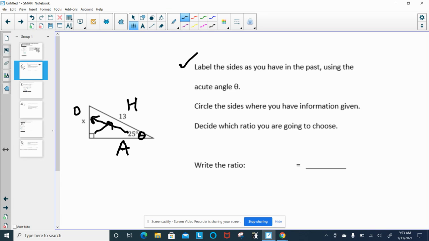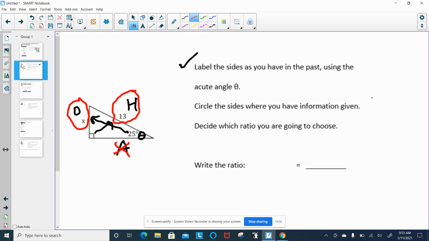We labeled. Now, what I like to do is I like to circle the sides where you have information. So for hypotenuse, I know that the hypotenuse is 13. That's information. For the opposite side, I know that that's our variable. That is information. For A, we don't have any information.